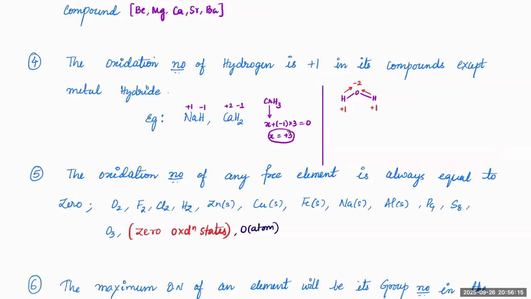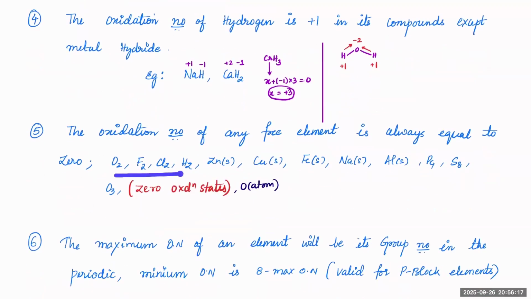So all of these are elemental forms, and their oxidation state is always equal to 0. Whether it is P4, S8, aluminium, or O3, ozone, these are also elements only, oxygen atoms only. So there is no electronegativity difference, hence their oxidation state will always remain 0.